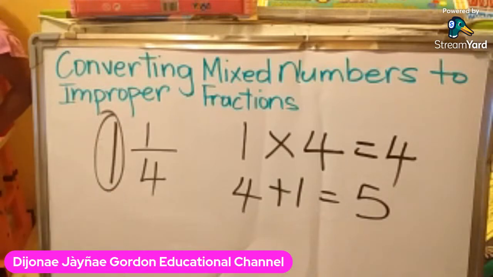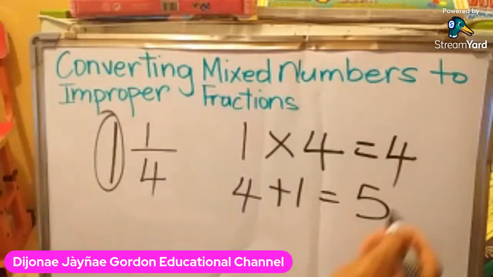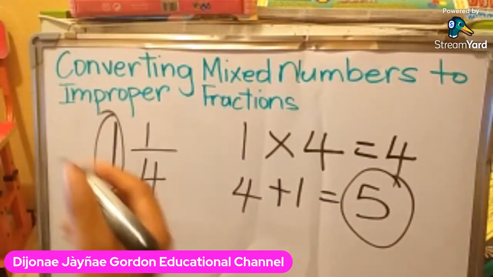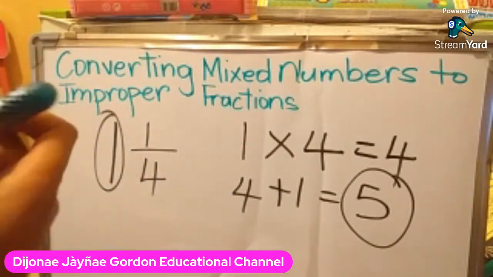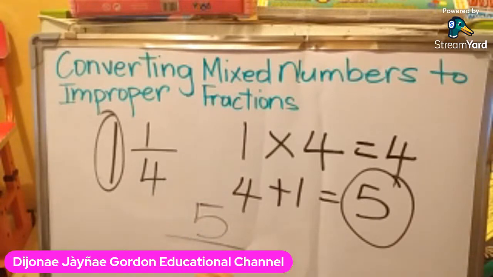So now you are going to write the improper fraction that you get. This 5 that you get is now going to be your numerator. So you're going to have 5/4.